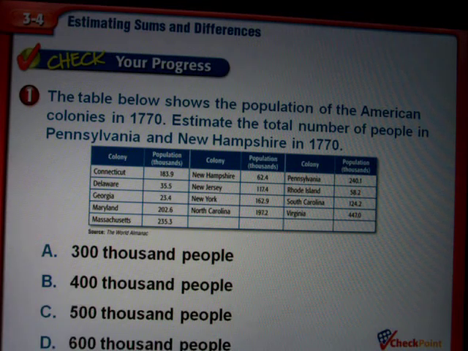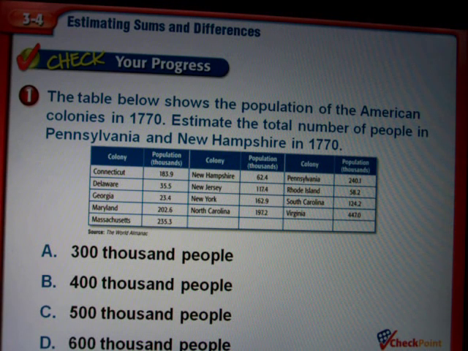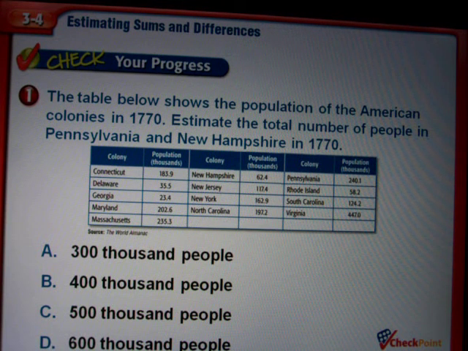Alright, so using that clustering concept, the table below shows the population of the American colonies in 1770. Estimate the total number of people in Pennsylvania and New Hampshire. New Hampshire has 62 and 4 tenths thousand people, and Pennsylvania has 240 and 1 tenth thousand people.